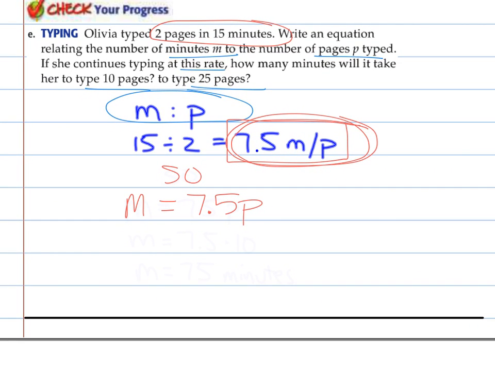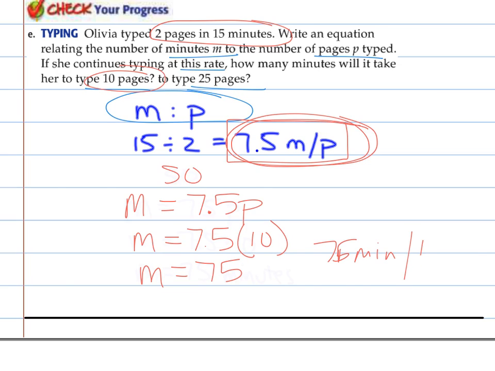So say she's going to type 10 pages. So we do how many minutes at 7.5 minutes per page if she's typing 10 pages. So we find out the minutes is 75. So that means 75 minutes for 10 pages.